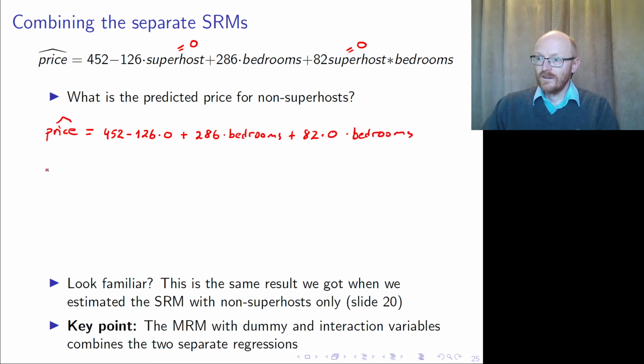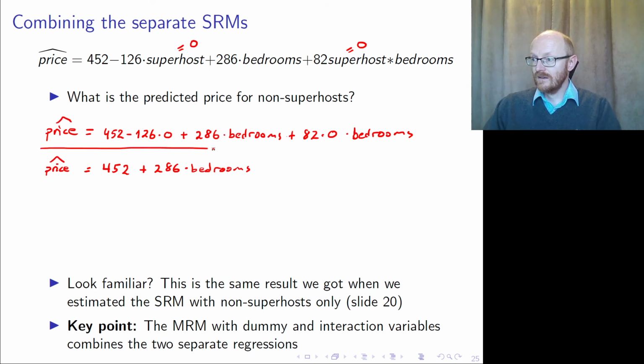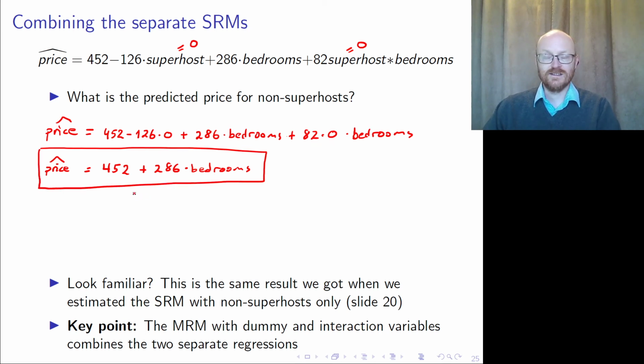Okay, so if we just calculate this, then we have the estimated price equal to 452 minus 126 times 0, so minus nothing, plus 286 times bedrooms plus 82 times 0 times bedrooms, which is 0, which gives us the estimated price for non-superhosts.